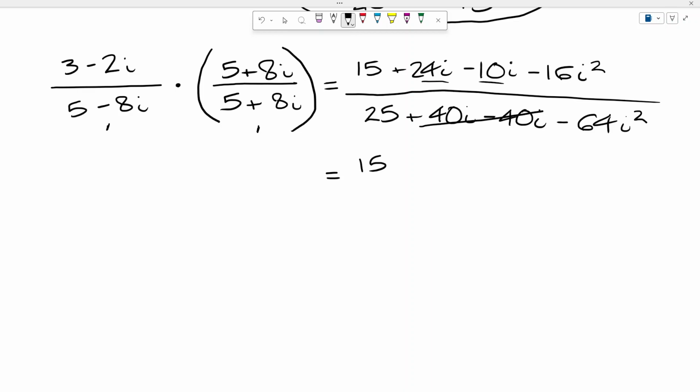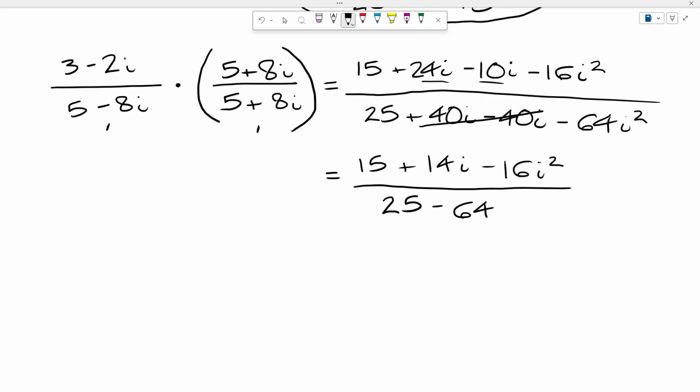We have 24 minus 10, so we'll have 14i minus 16i squared, and on the bottom we're left with 25 minus 64i squared. Now let's take care of i squared equal to negative 1.